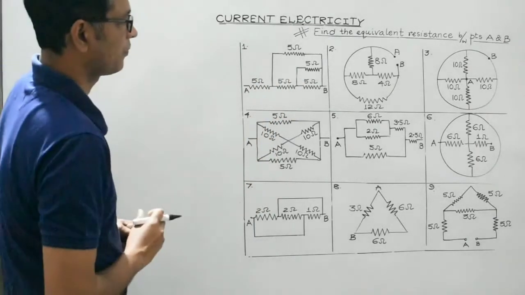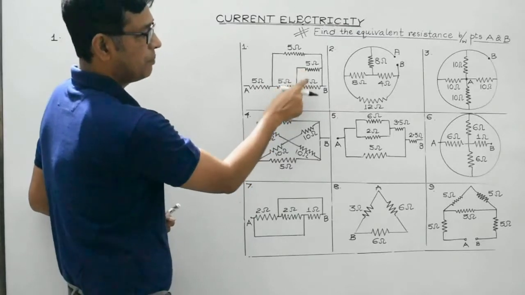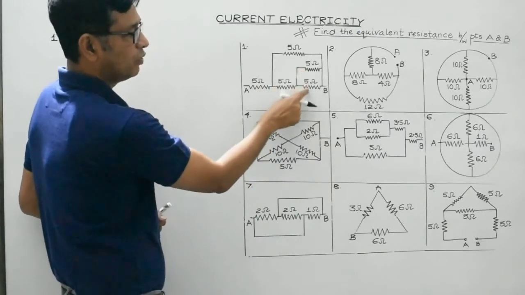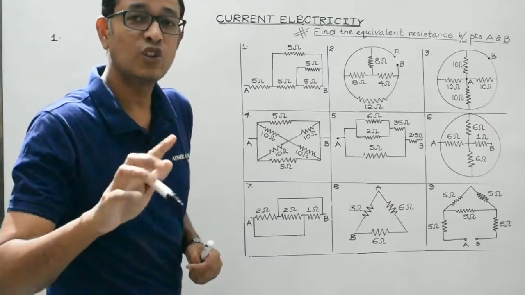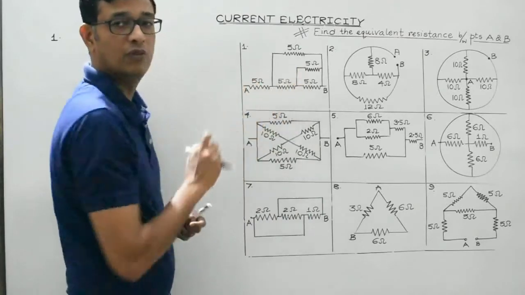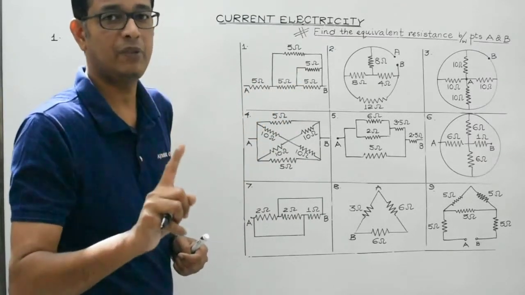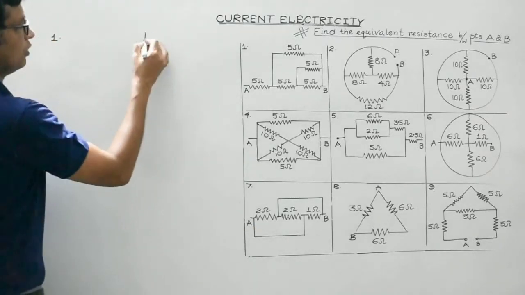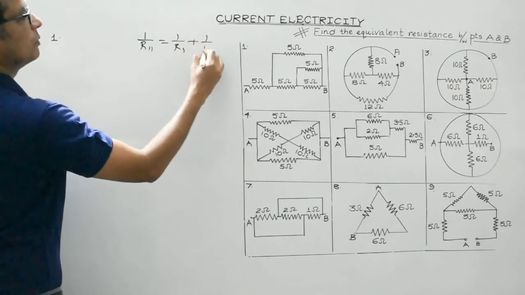Now look students, here it's pretty clear that these 2 are connected in parallel, isn't it? This 5 ohm, this 5 ohm, they are connected in parallel. And in parallel you are aware, net resistance always tends to decrease. These are the 2 resistors, each of 5 ohm. So the resultant would be 5 into 5 divided by 5 plus 5. Why? I'll tell you. In parallel, the formula is 1 by R1 plus 1 by R2.